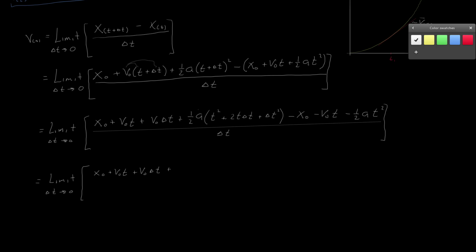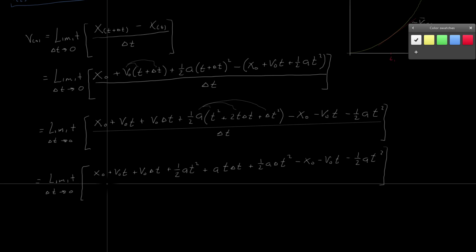I need to distribute this 1/2 a to each of the terms inside this trinomial. So the first one gives me a 1/2 a t squared plus, and the 1/2 and the 2 cancel, so I'll get just a t delta t, and then plus 1/2 a delta t squared minus x naught minus v naught t minus 1/2 a t squared.